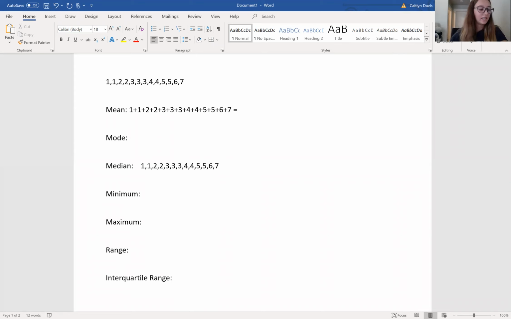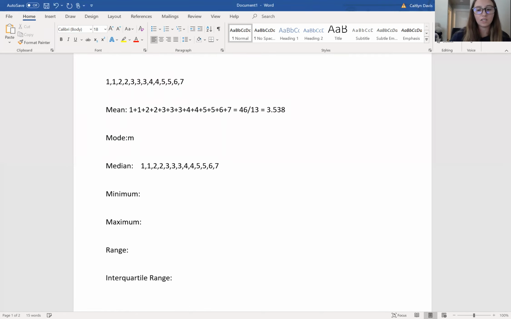When we do that, it equals 46. And if you count this out, there are 13 pieces of data. So we'll do 46 divided by 13, which when you round it out to the third decimal point, equals 3.538.